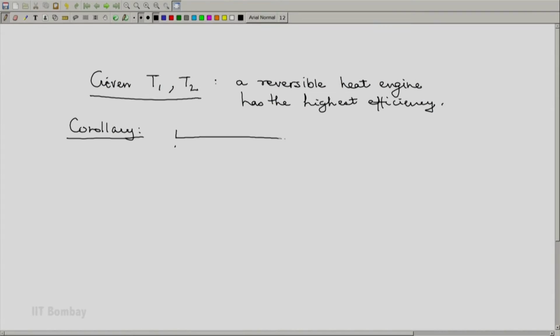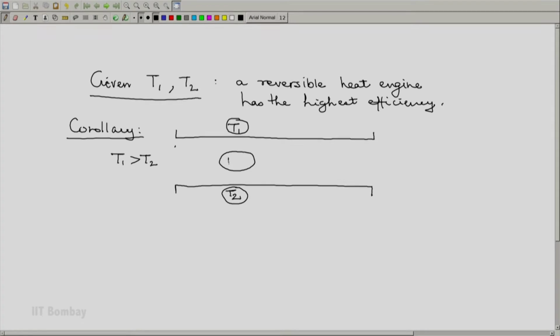Let us have our two reservoirs shown here, one at T1 and one at T2. T1 is fixed, T2 is some other fixed value. Obviously T1 must be greater than T2, and we have a reversible engine 1 and a reversible engine 2 working between the same two temperature levels.